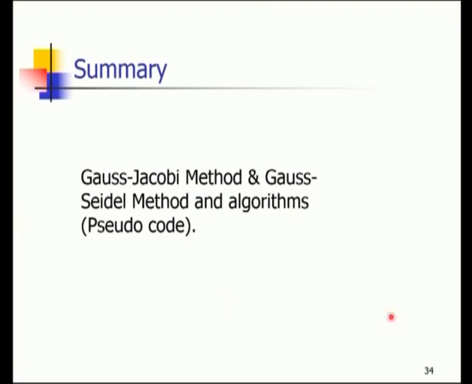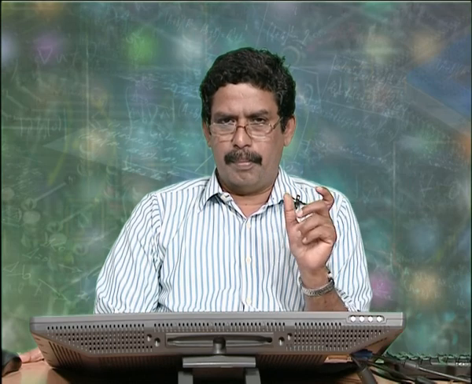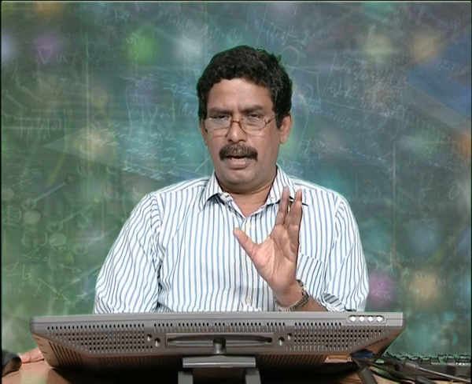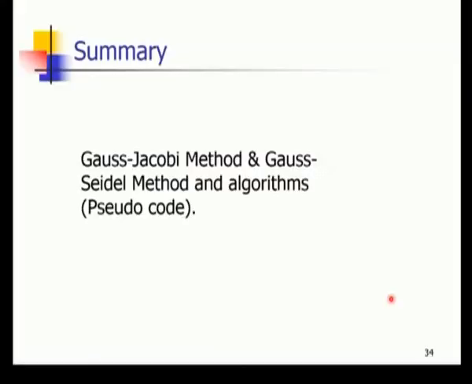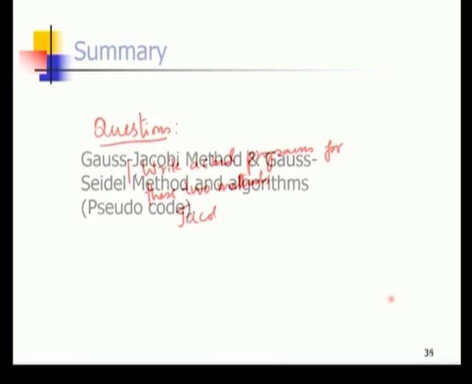I request the students to write the code for both the methods in any programming language, either C or MATLAB, and carry out different case studies, with a diagonally dominant system with different initial guesses, and a matrix that is not diagonally dominant with different initial guesses. Compute that and also compute the error and compare both Gauss-Jacobi and Gauss-Seidel methods.